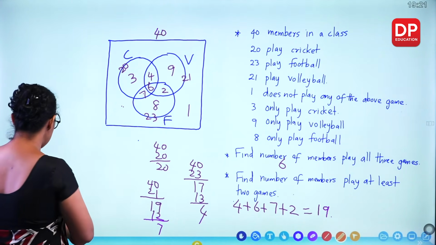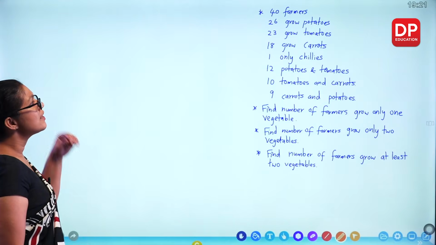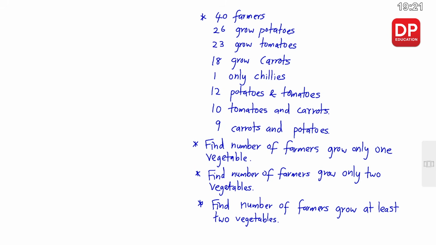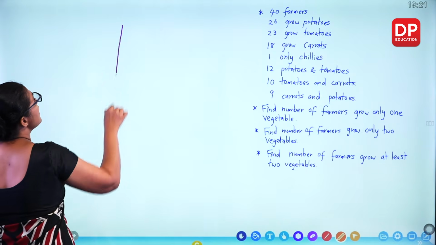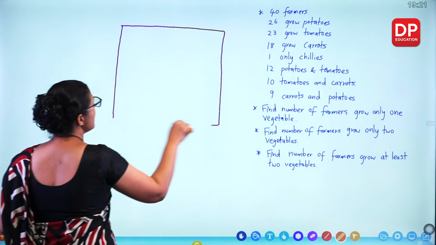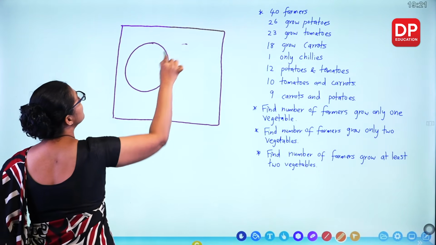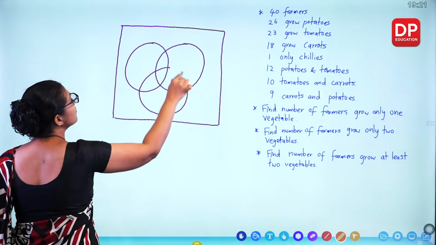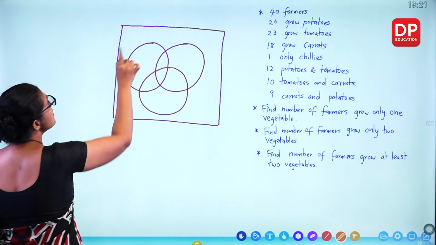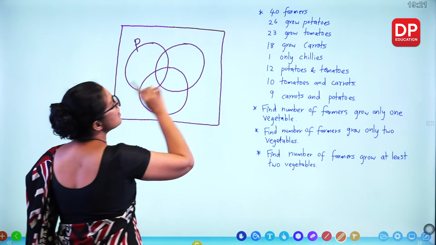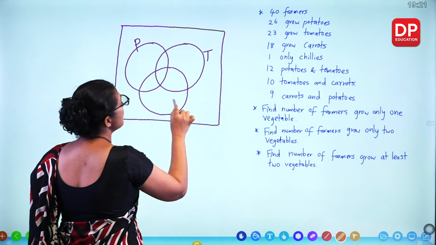Now we'll look at the second question. Now this is about farmers and how many vegetables are there? 3 vegetables. So we can draw the Venn diagram first. What are the sets? Potatoes, tomatoes and carrots.